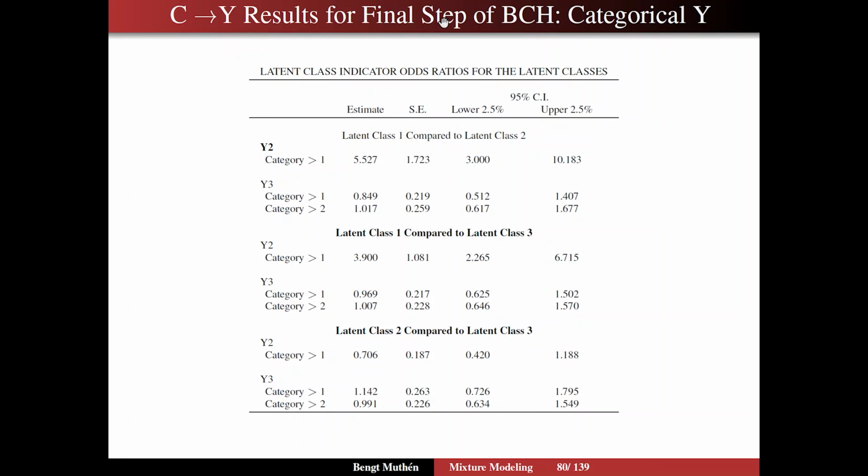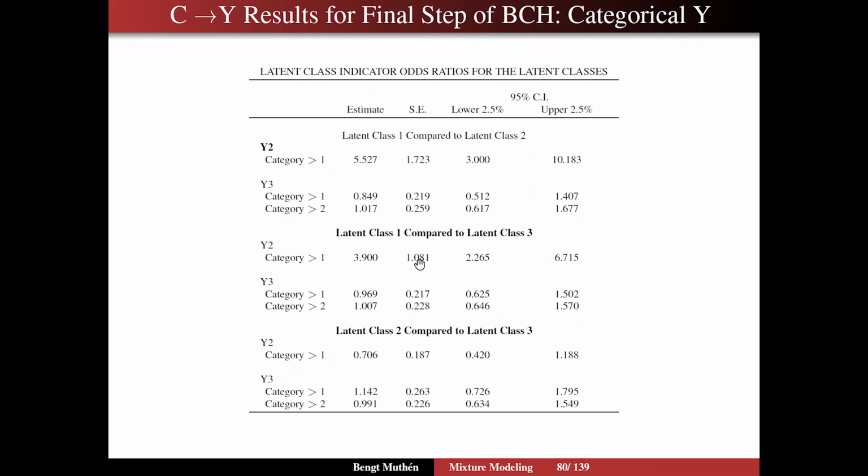For C to Y results for categorical Y, we're going to focus on the bottom two sections of this table. We have Y2 and Y3, Y2 being binary, Y3 being polytomous, ordinal. So we compare class 1 to class 3, seeing if there's a significant effect on Y2 in terms of the odds ratios.